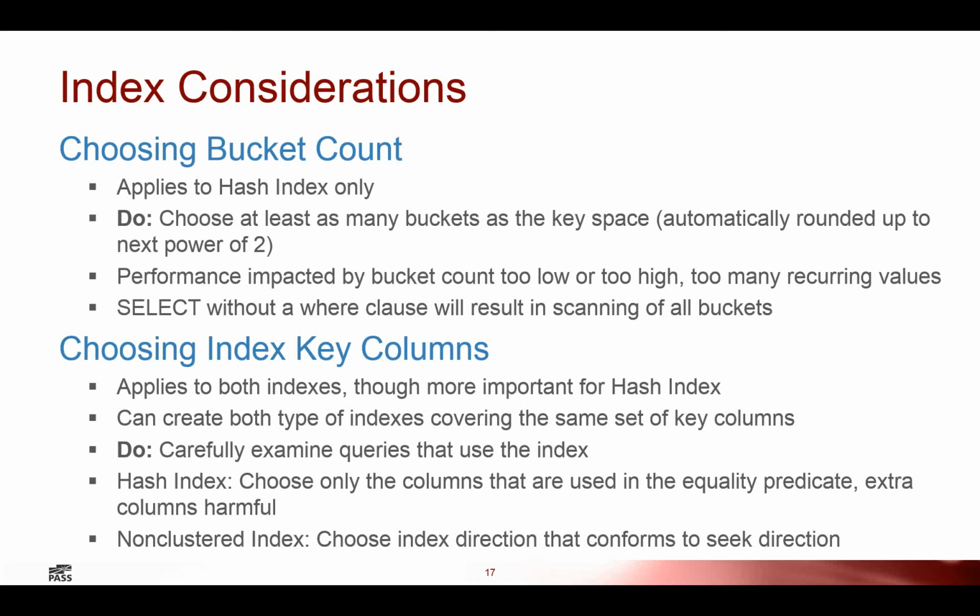For example, if you index C1, C2, and C3 in the hash index, the best predicate would be C1 equals A, and C2 equals B, and C3 equals C. Now, if you miss one of these, or if you use an OR operator between one of these equality predicates, you're going to get table scans.